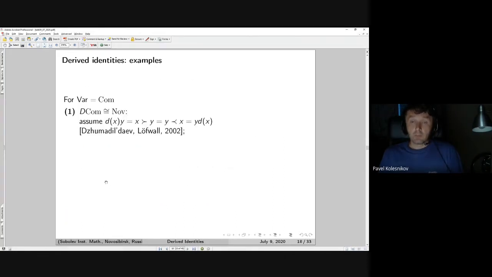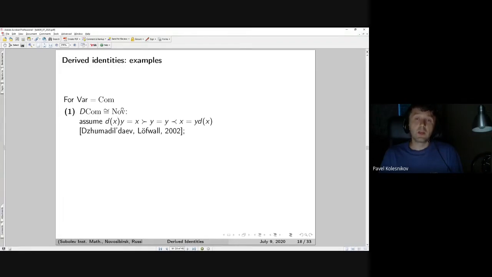There are two examples when the list of derived identities is well known. One is related to commutative algebras, when var is commutative. In this case, as I mentioned before, the derived identity d com is exactly, well, I'm saying isomorphic because we have to consider this variety as a variety of algebras with single operations.